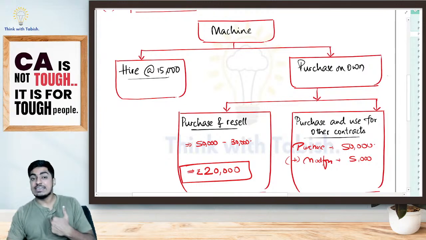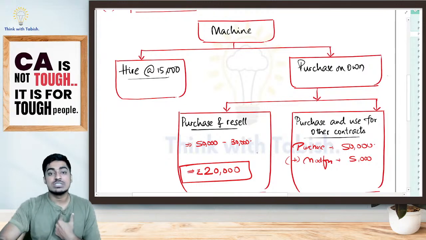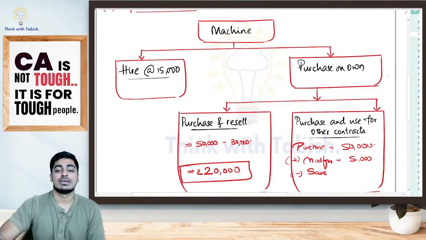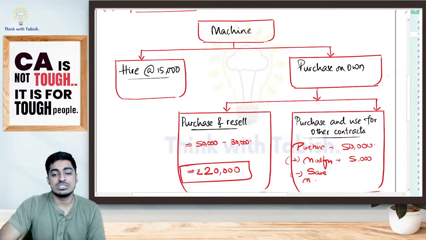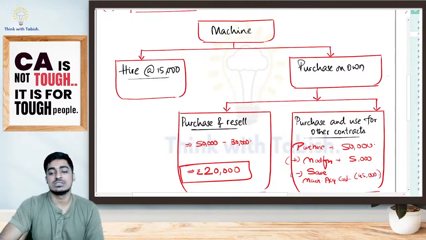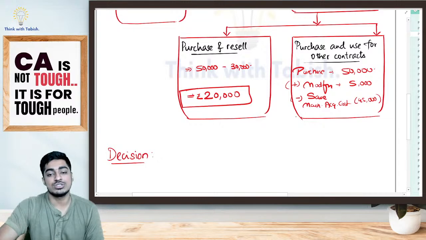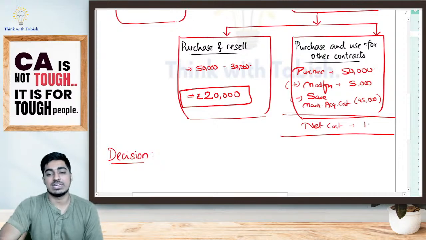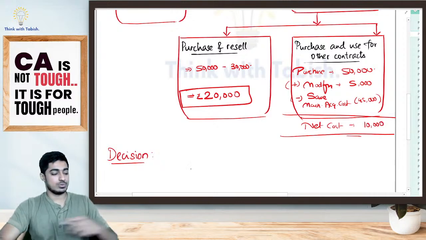So I am saving that 45,000. So if I incur 55,000 here, I can save the machine acquisition cost of 45,000 rupees. So net how much is the cost, students? Net cost is going to be 55 minus 45, 10,000 rupees.